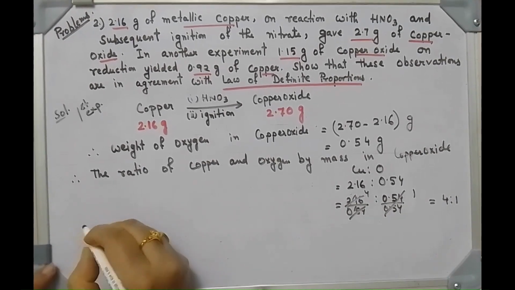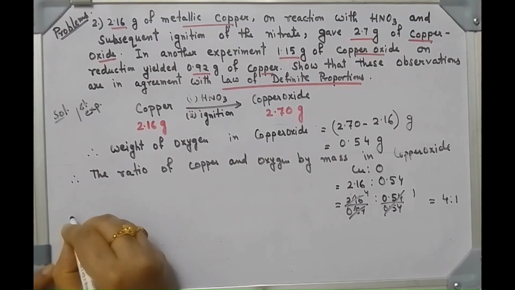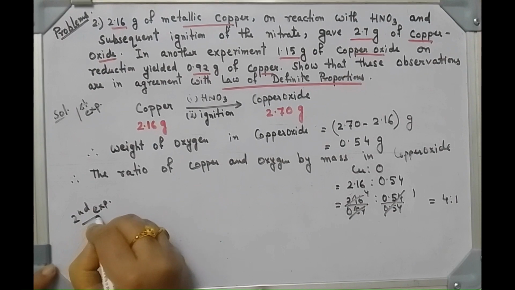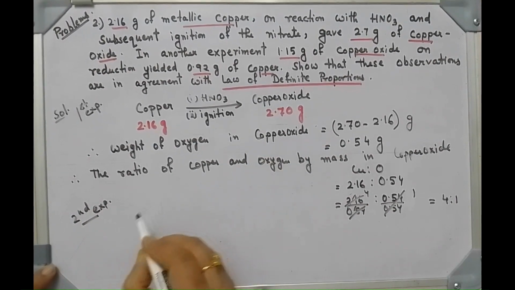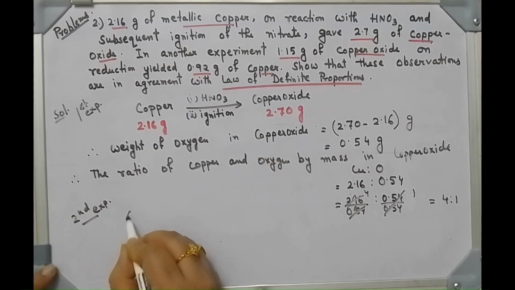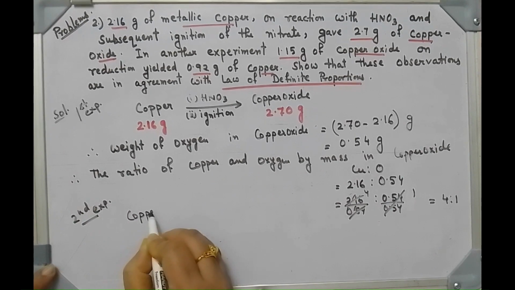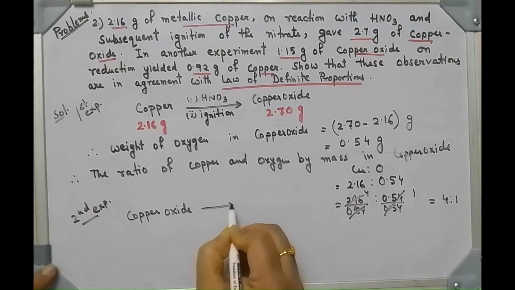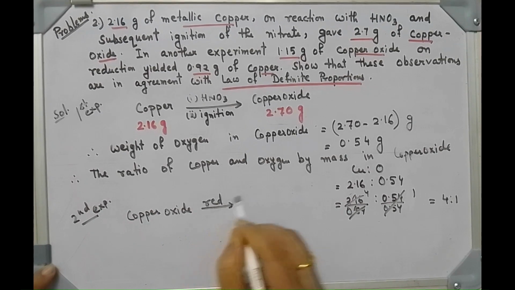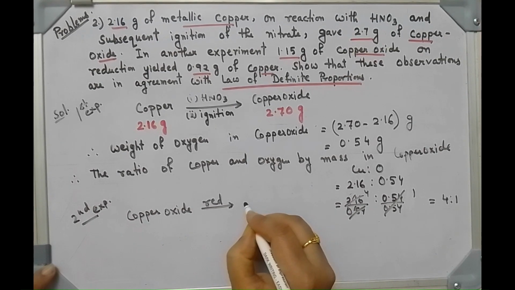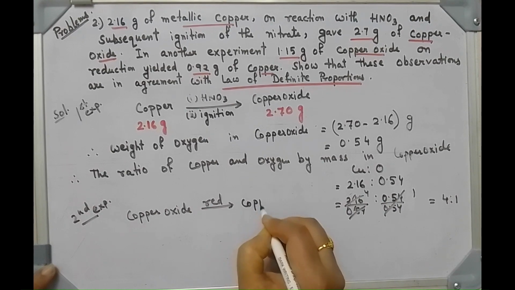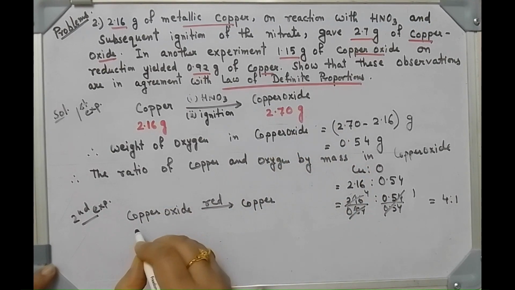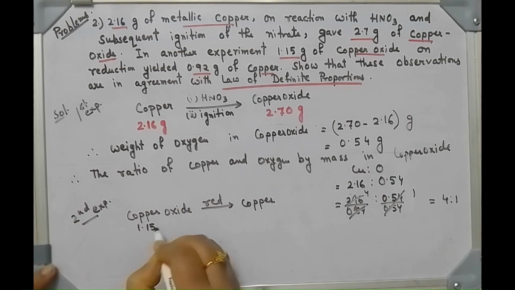Now for the second experiment, it is given that copper oxide on reduction is giving metallic copper. So the amount of copper oxide is given as this much grams.